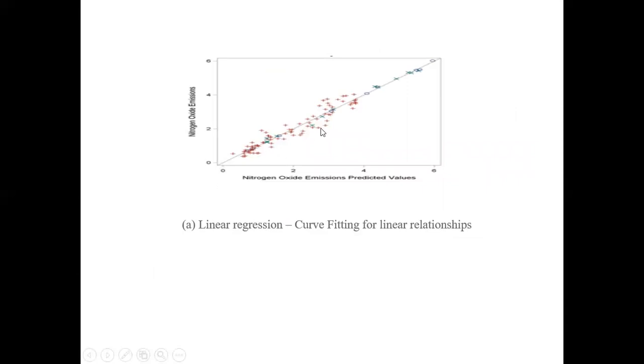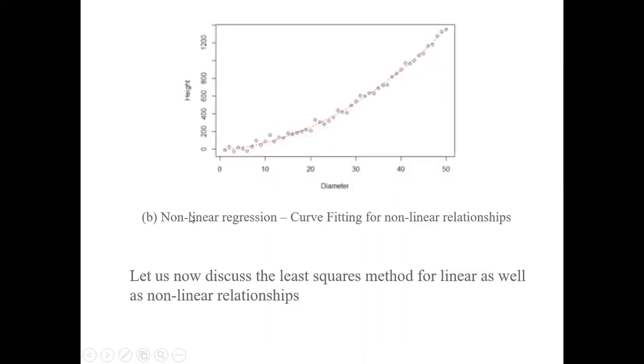This is a linear regression, means as the value of x changes, the value of y increases accordingly. Means it is linearly proportional. But in non-linear regression, it is not directly changed, but it is periodically changed.